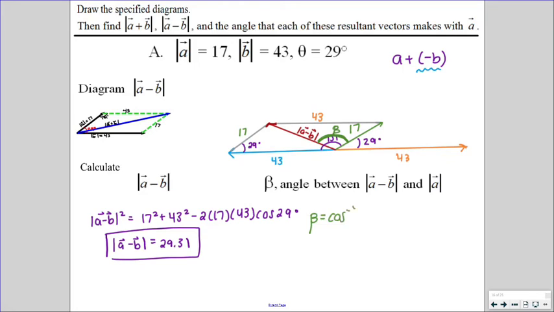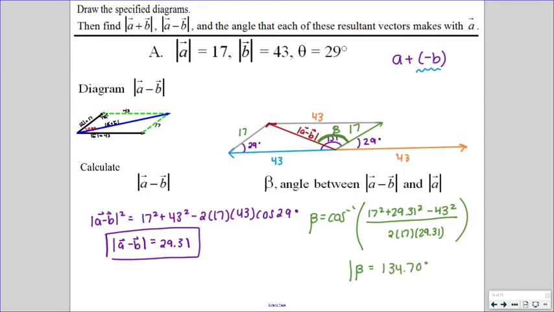So the inverse cosine of 17 squared plus 29.31 squared minus 43 squared, because that's what's opposite beta, over 2 times 17 times 29.31. Beta is equal to 134.70 when I plug it into a calculator.